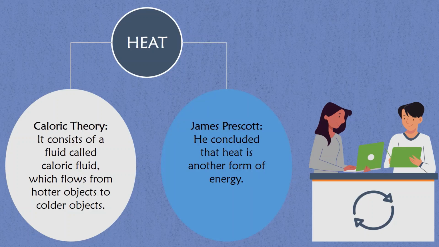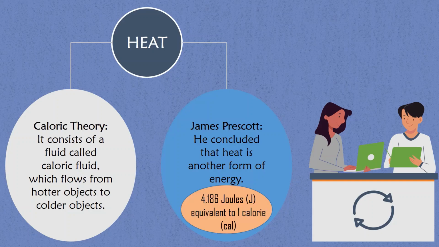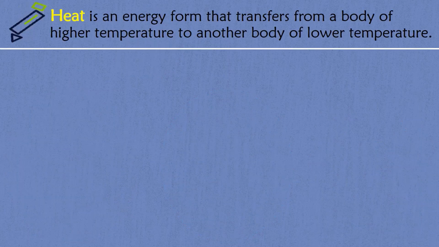He superseded the caloric theory by proving that a measurable amount of mechanical energy can always be transformed into definite amounts of heat. He called this quantity the mechanical equivalent of heat and has a value of 4.186 joules, equivalent to 1 calorie.